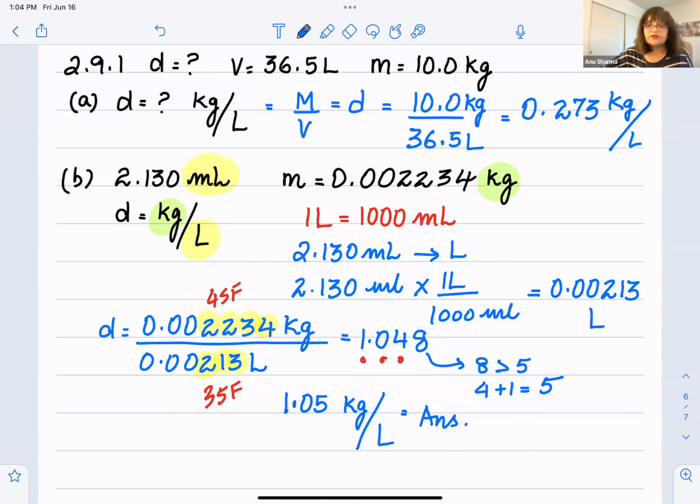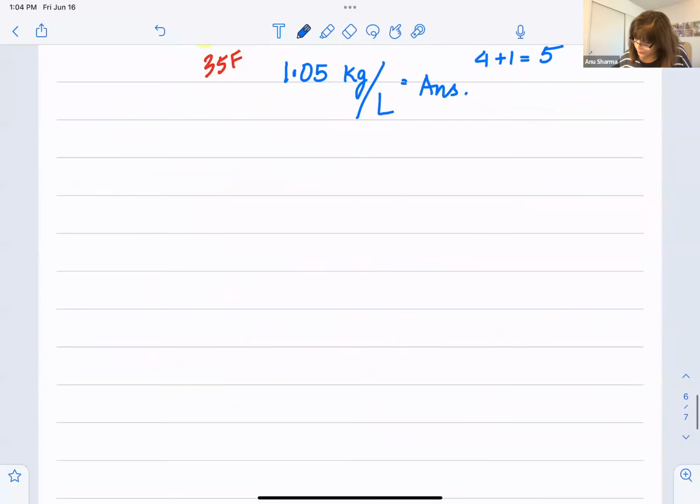Okay, so that finishes this. Density can also be used as a conversion factor, so let me just do this also. What does this mean when we say density as a conversion factor?